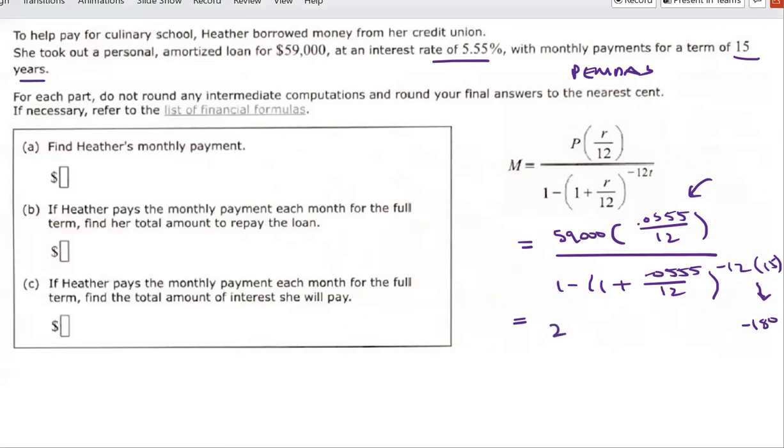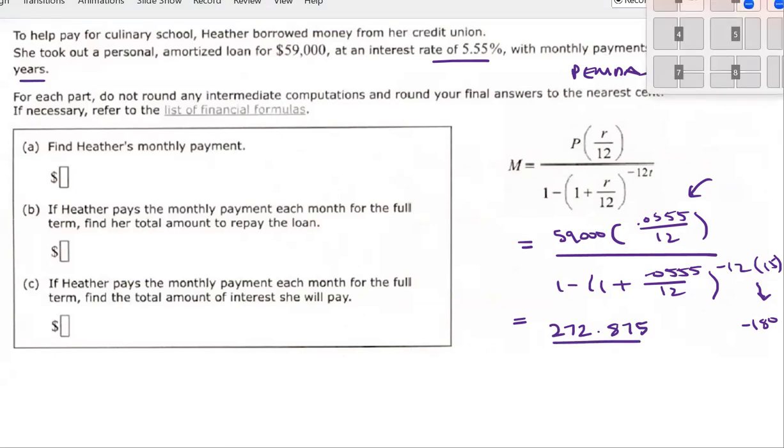So I'm going to write that for the top. Notice I'm not rounding. I'm putting all the numbers that the calculator gave me.